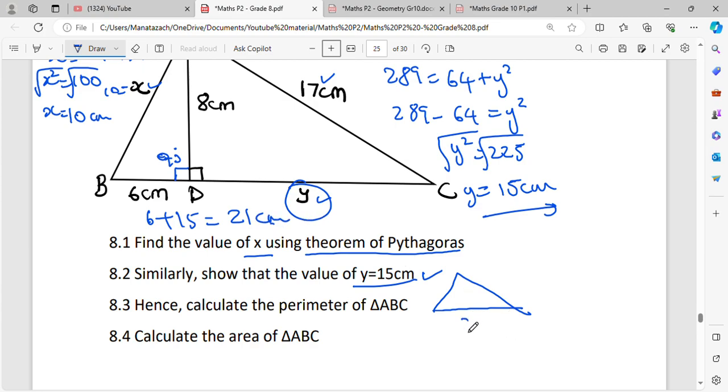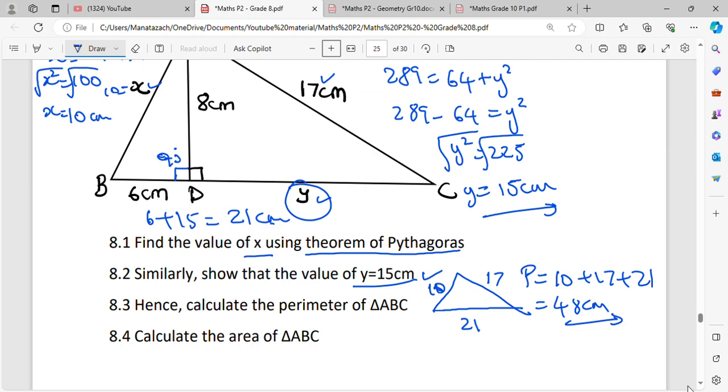So this one is 21, this one is 17. We said x is 10. So to get the perimeter, we're going to add all these lengths up. 10 plus 17 plus 21. Perimeter is 48 centimeters.